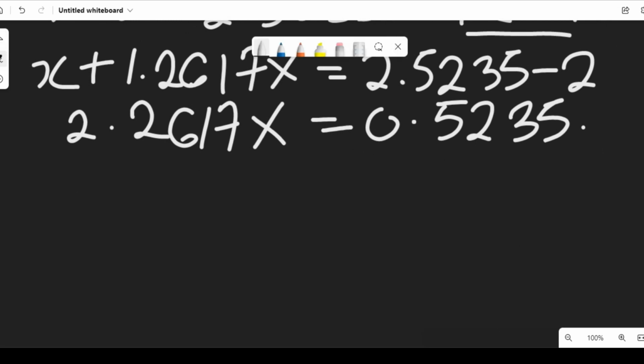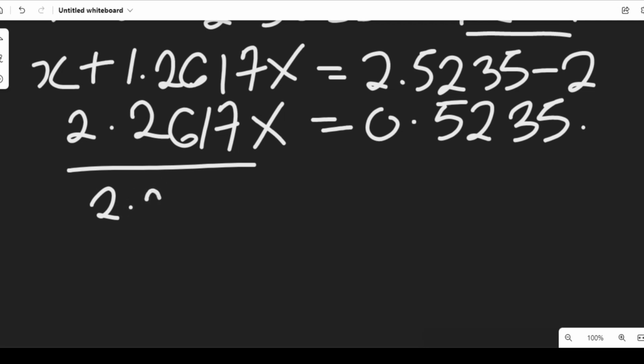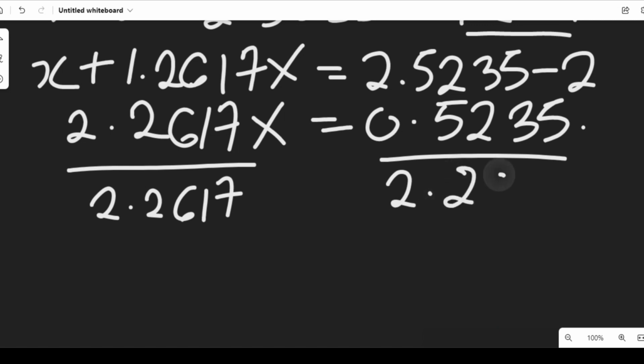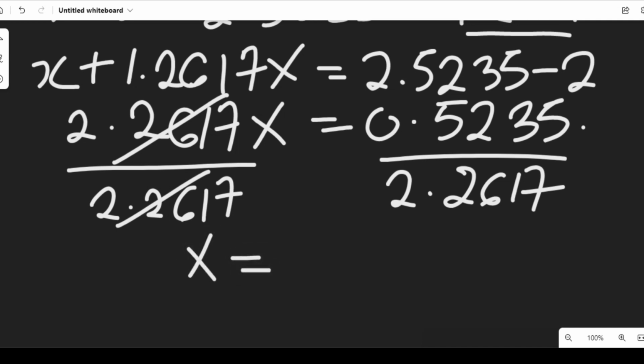So we divide both sides by 2.2617. If we divide that, this will clear this, and then we'll have our x value equal to this value divided by this, which will give us 0.2315.